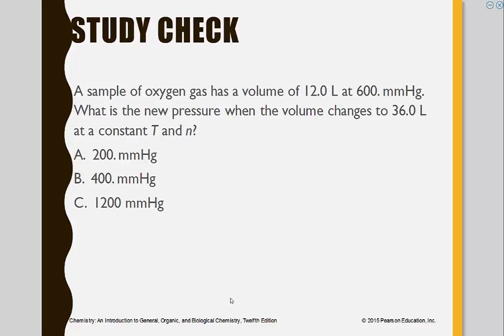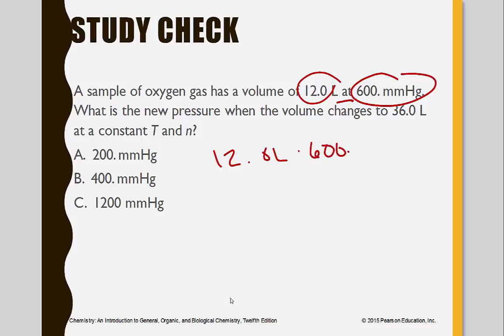A sample of oxygen gas has a volume of 12 liters at 600 millimeters of mercury. Notice the "at," that's the other key term. So it's "of" or "at" that stay together. 12.0 liters at 600 millimeters of mercury. What's the new pressure?